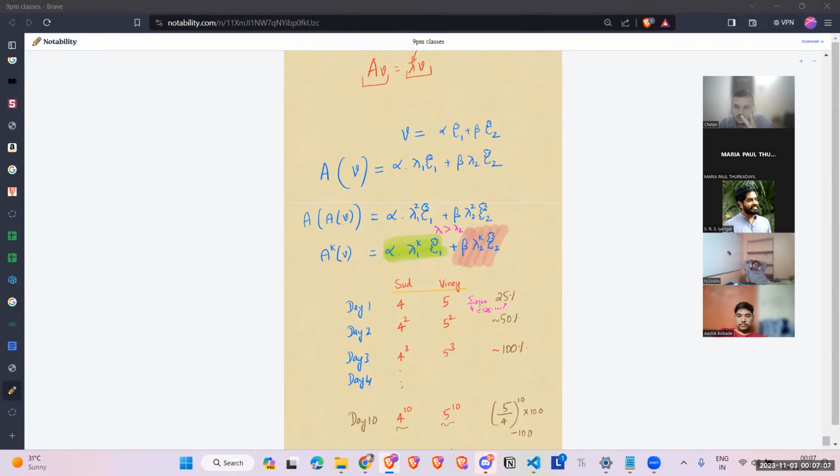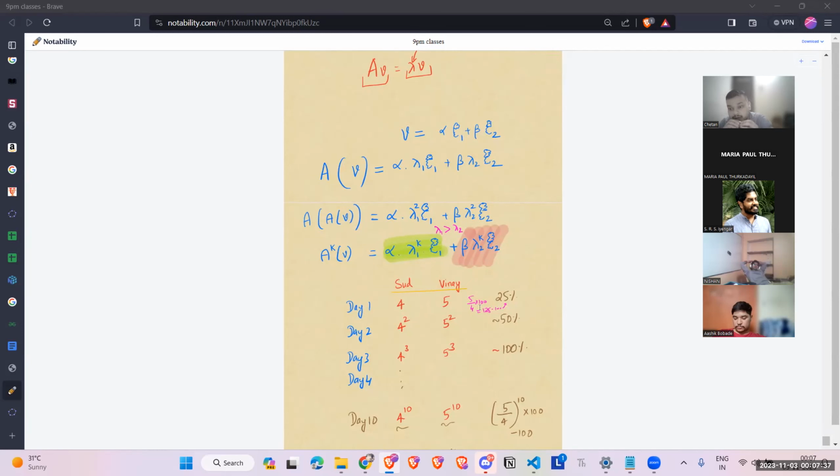We get two eigenvectors when we have a 2 cross 2 matrix, and they're independent. They're different from each other. Since they are two independent vectors, this is just basic linear algebra: when we have two linearly independent vectors, the linear combination of them spans the entire R2.